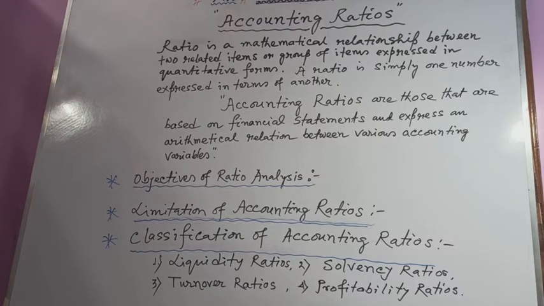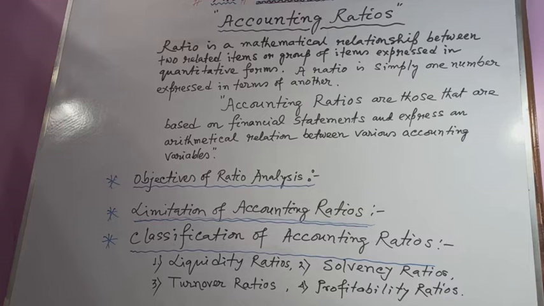Number two, measure profitability, and also highlight the change in the firm from time to time. Another objective is to determine operational efficiency, and also to find out or assess the business solvency.